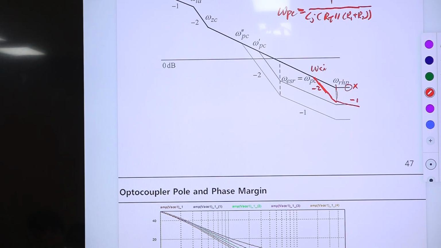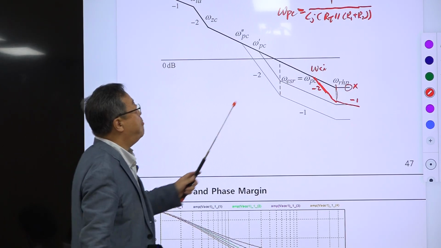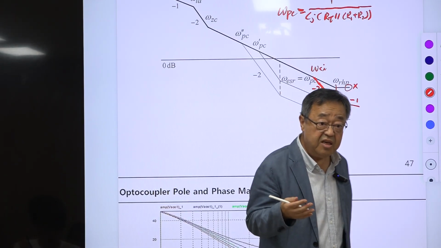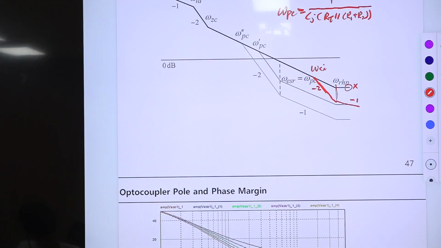So with this, think about what will happen if Cj is increased. If Cj is larger, this omega PC moves to a lower frequency.